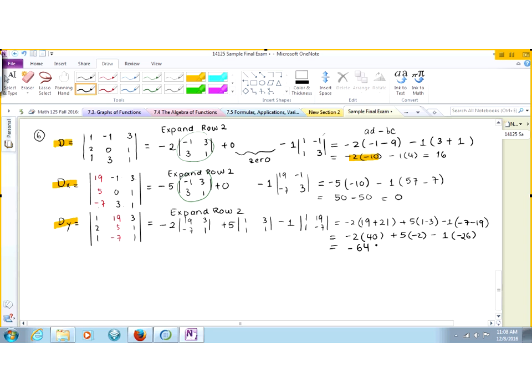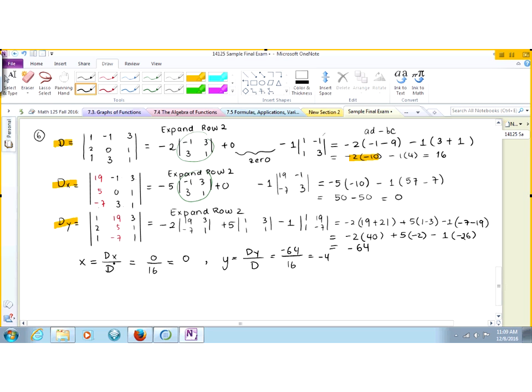Yes. There you go. So now I could find x, which is d sub x over d. So 0 divided by 16, which is 0. Y is d sub y over d, which is negative 64 divided by 16, which is negative 4.